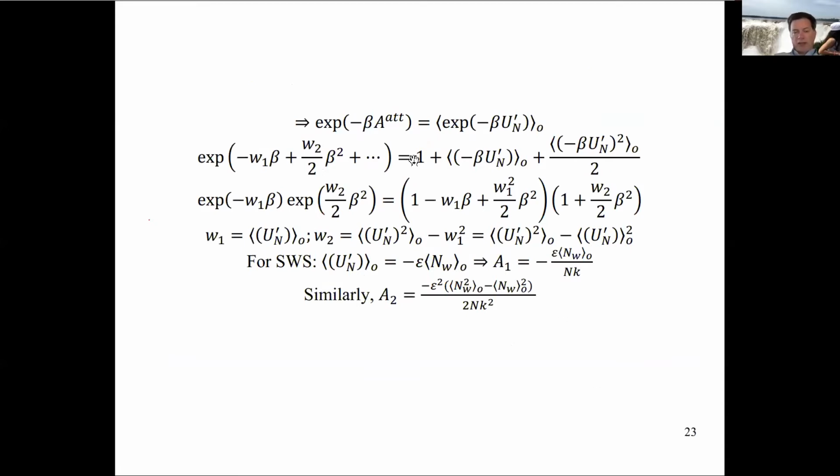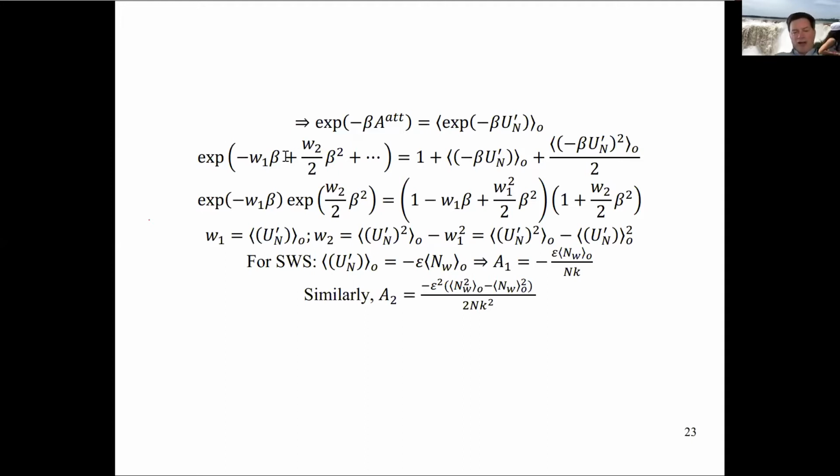If we take the exponential of this A at, we know it's going to be something like A1 beta plus A2 beta squared. I'm not writing A1 and A2 here yet, because there's a factor of n, because A1 of the equation of state is divided by the number of molecules, and the Boltzmann factor is in the beta here instead of just being temperature by itself.